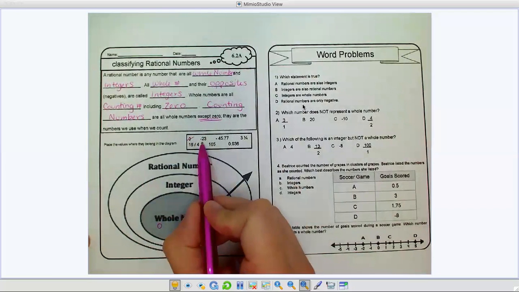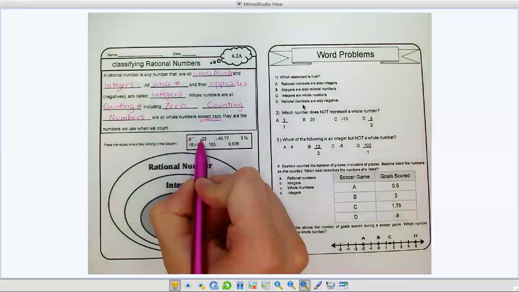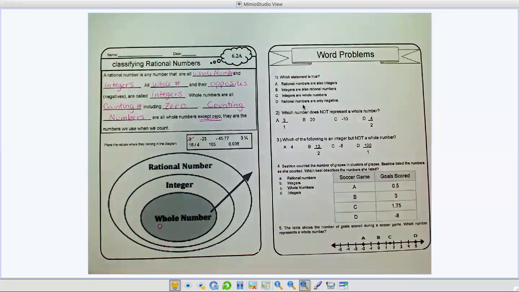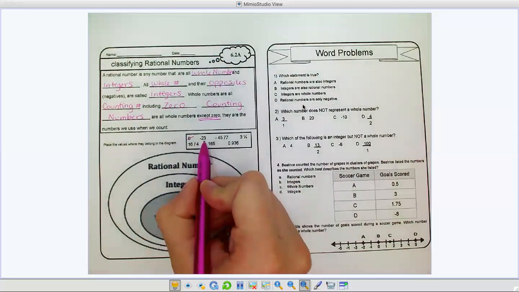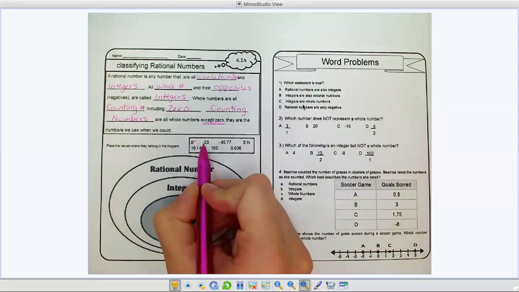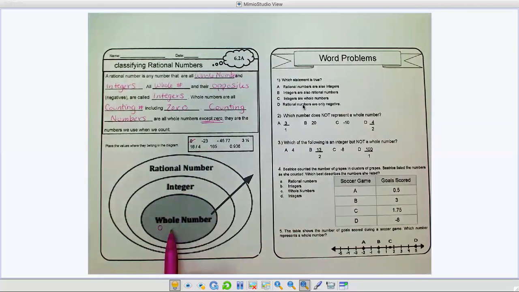And now I have -23. Now we need to be careful. Just because we see that negative sign out front of something does not mean that it is an integer. Sometimes they try to trick you, so we have to be careful, okay? So let's think about the number itself, 23. Well, 23 is a whole number. We've known the number 23 since probably about first grade.